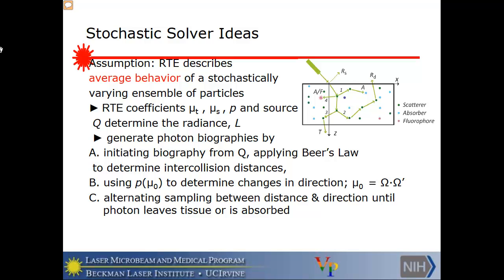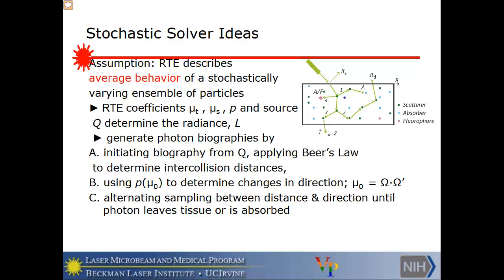Now here are some ideas, just repeating really what Vassen said, but I want to state that this is the average behavior of a stochastically varying ensemble of particles. So when you think about solving the RTE equation by Monte Carlo, you should not be thinking of particles that are fixed in space, nor should you be thinking of particles that are somehow regularly spaced, uniformly spaced.